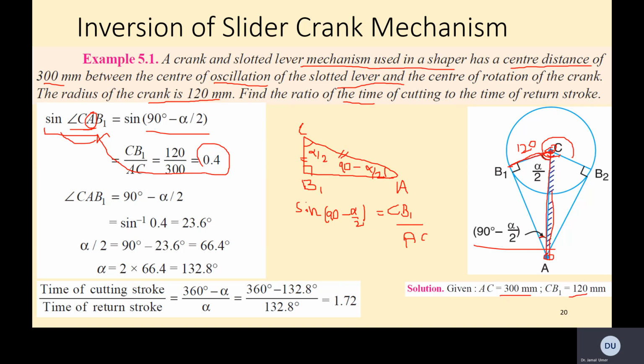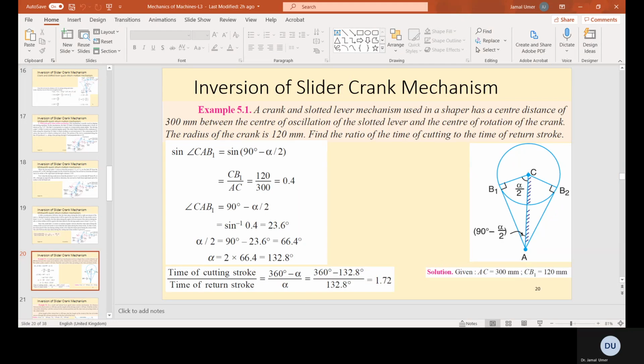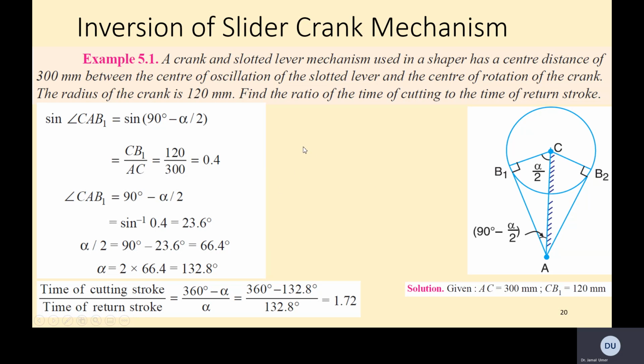All right. So now you just plug in here: 0.4 is equal to sine of 90 minus alpha by 2.